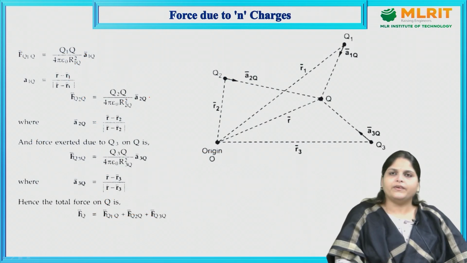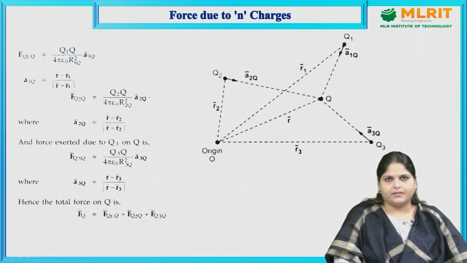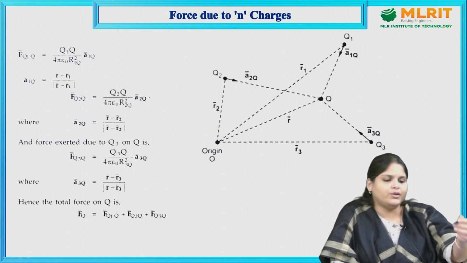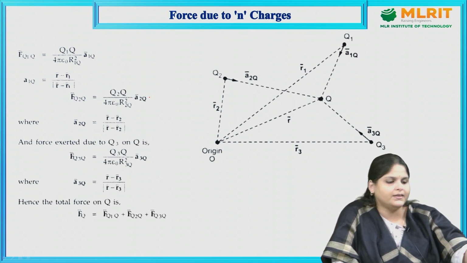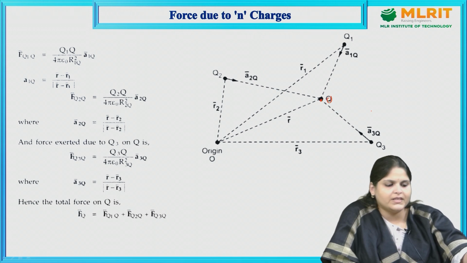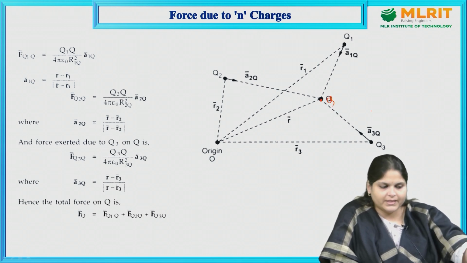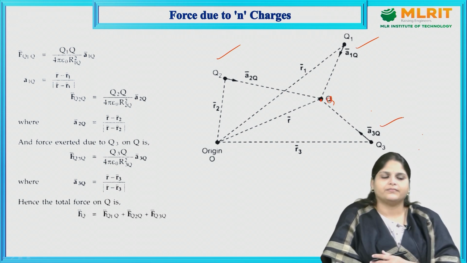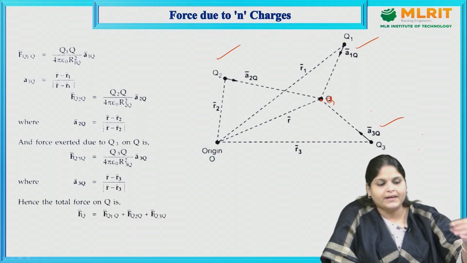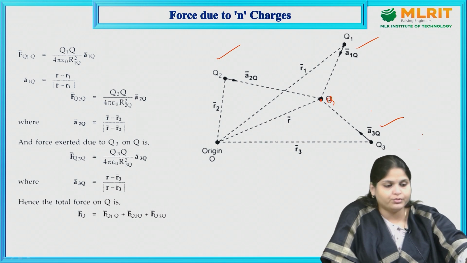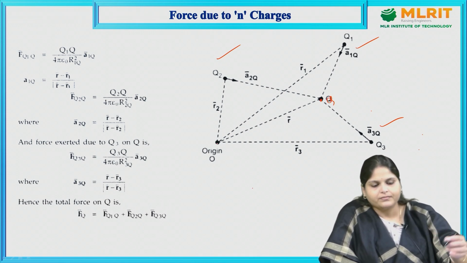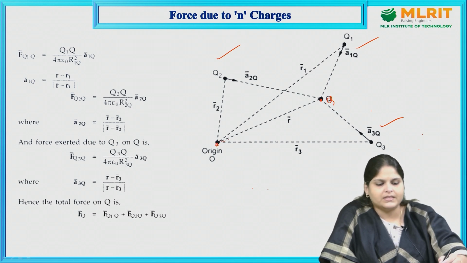So, till now we had discussed the two charges. Now, if you have more number of charges, in this example you can see you have 4 charges basically. The first one is Q. There are another 3 charges also, Q1, Q2 and Q3, right? So, basically we are finding out the force on Q due to Q1, Q2 and Q3. This is the origin. From origin we can have the distances.